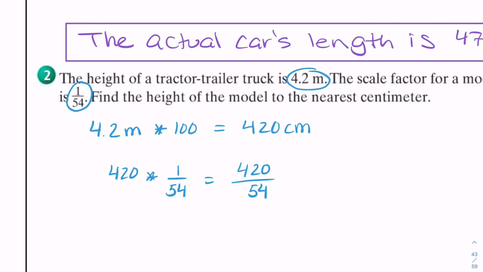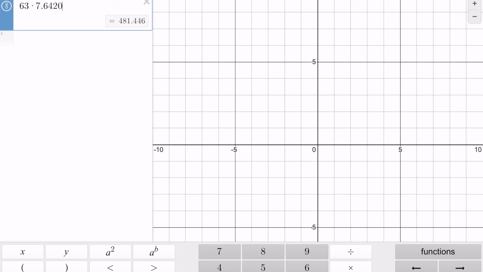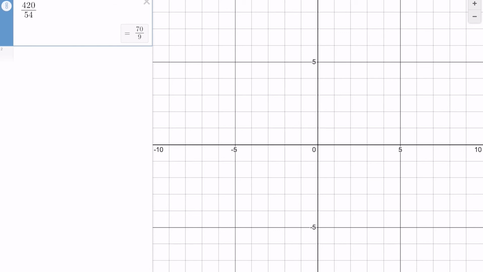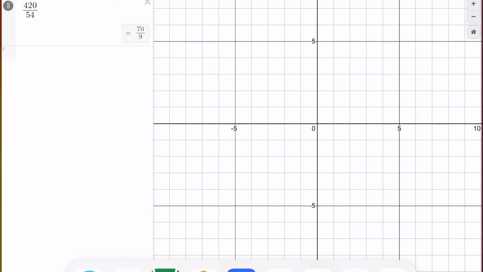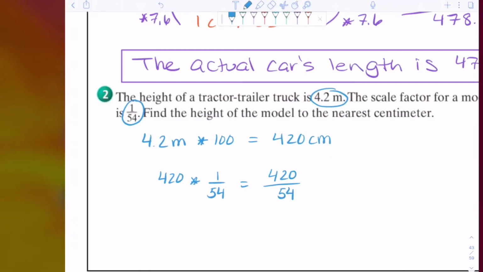Okay, and this is 420 over 54, which is 7.77. Let's see if it gives me a fraction. 79ths, yeah. Let's go back. So 7.77.